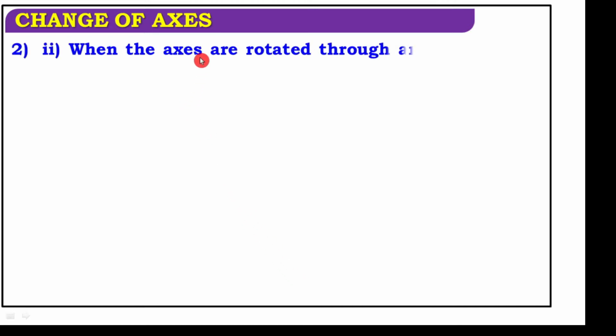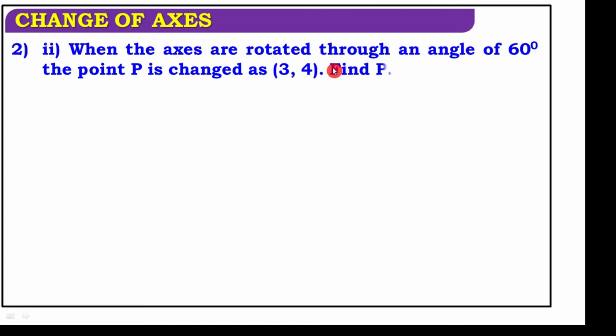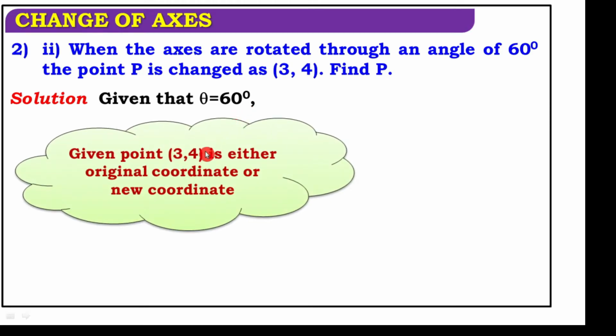Next question. When the axes are rotated through an angle of 60 degrees, the point P is changed as (3, 4). Find P. Given that theta is 60 degrees, the given point (3, 4) is either the original coordinates or the new coordinates.